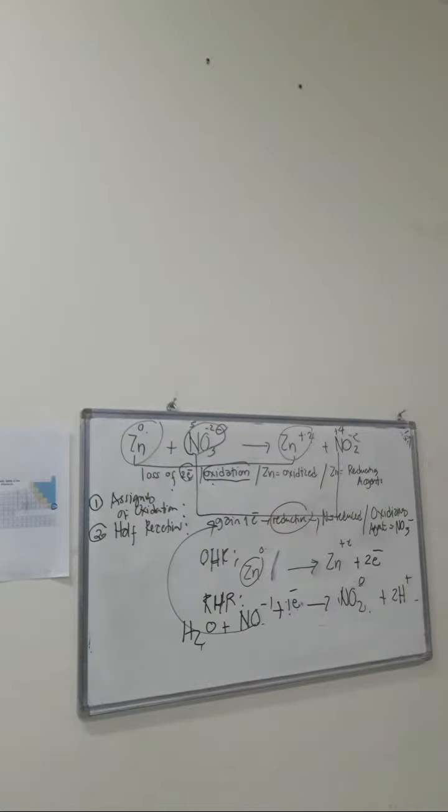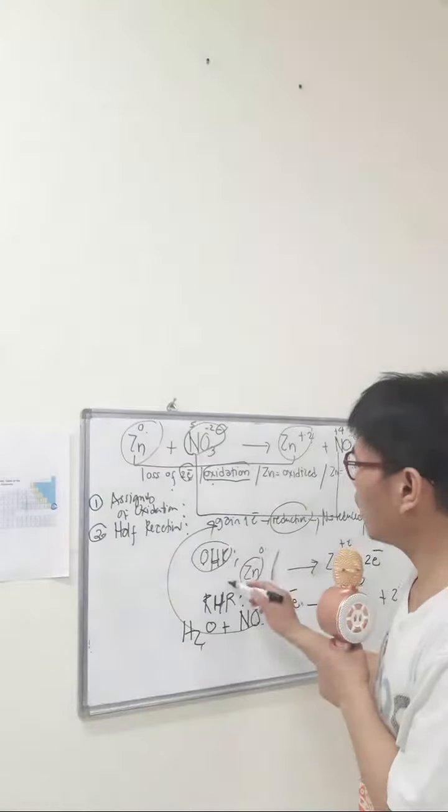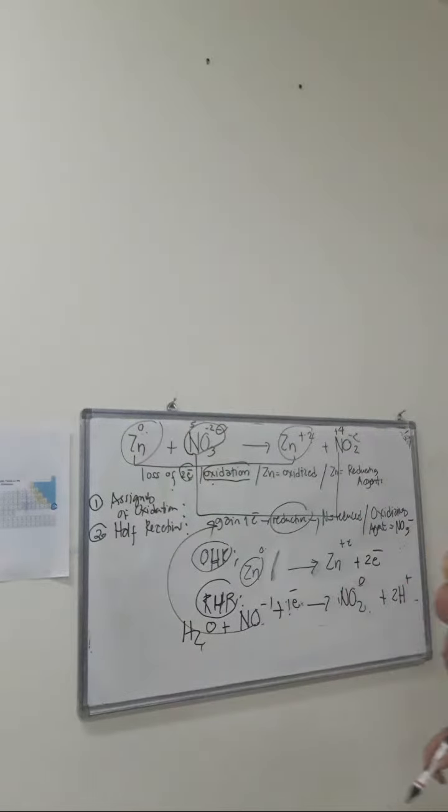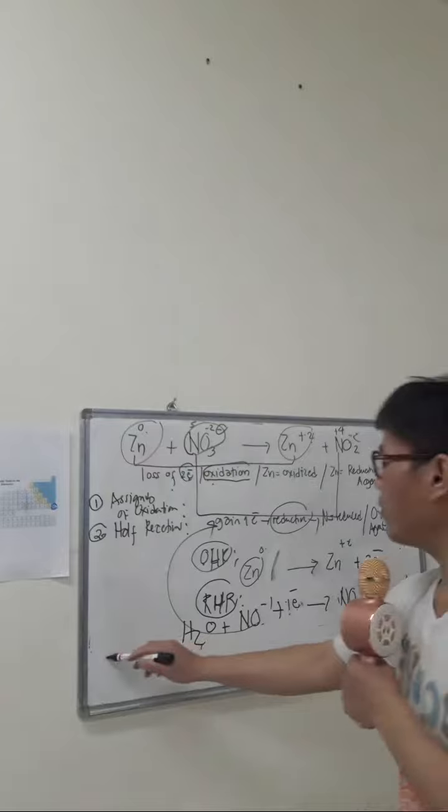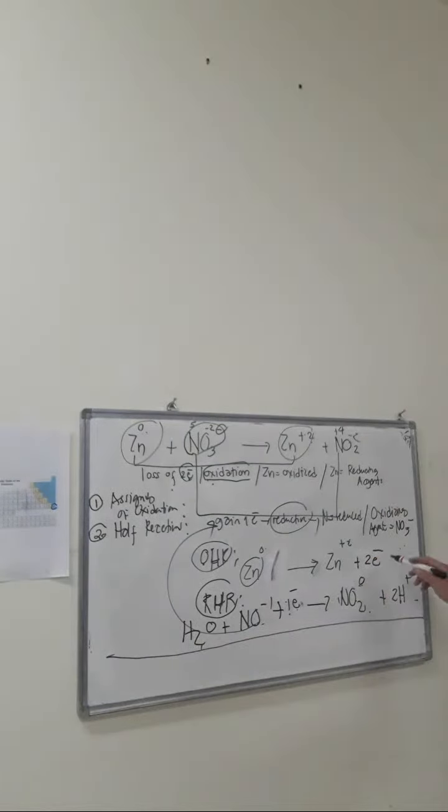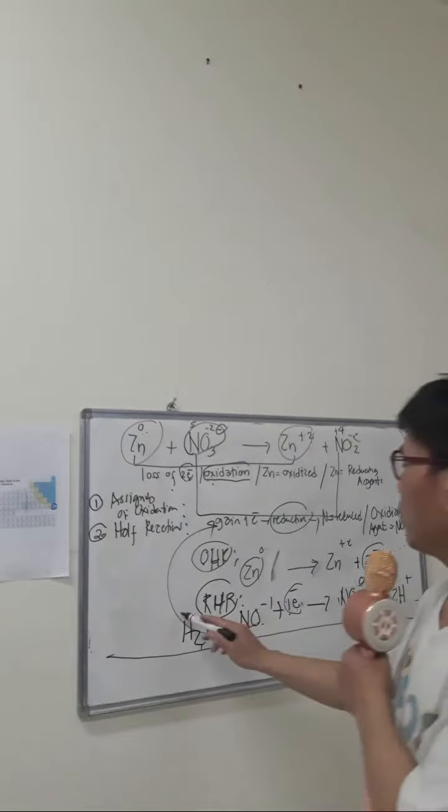Now, add the two reactions, the oxidation half-reaction and the reduction half-reaction. If you have these two, we need to equalize the electrons. But in the oxidation, we have 2 electrons, and in the reduction, we have 1 electron. So you have to multiply 2 to the second equation so that it will cancel the 2 electrons above. So multiply this by 2.